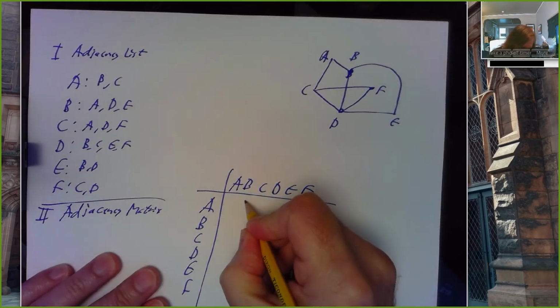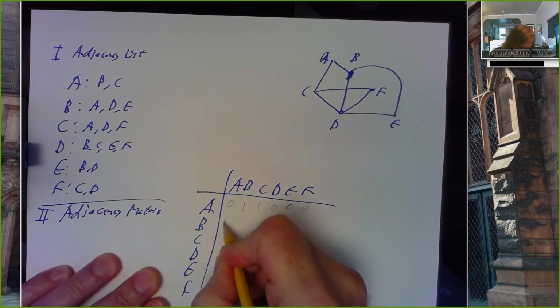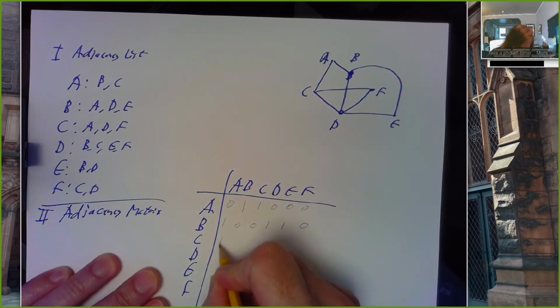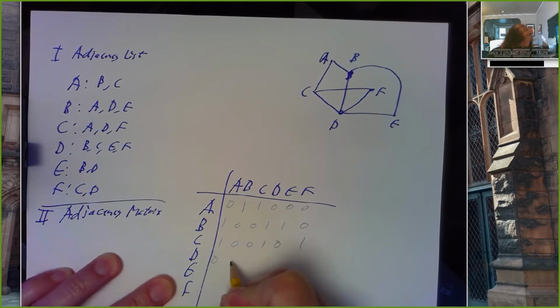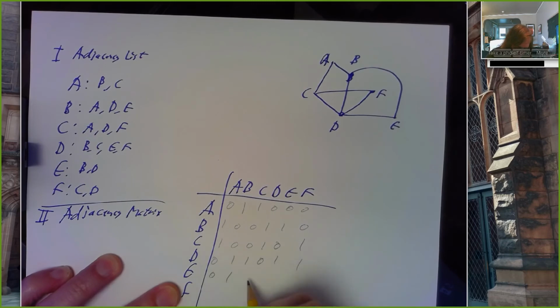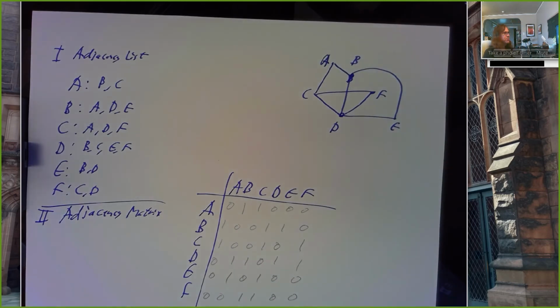So A is connected to B and C, and not connected to anything else. B is connected to A, D, E. C is connected to A, D, and F. D is connected to B, C, E, and F. E is connected to B and D, and F is connected to C and D. There's a matrix representation.